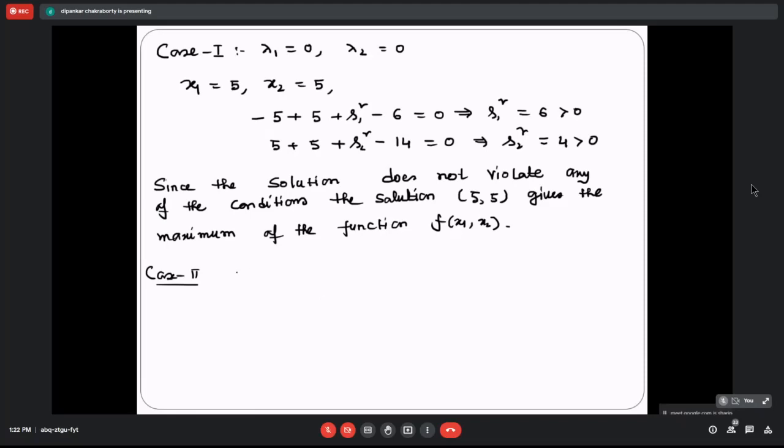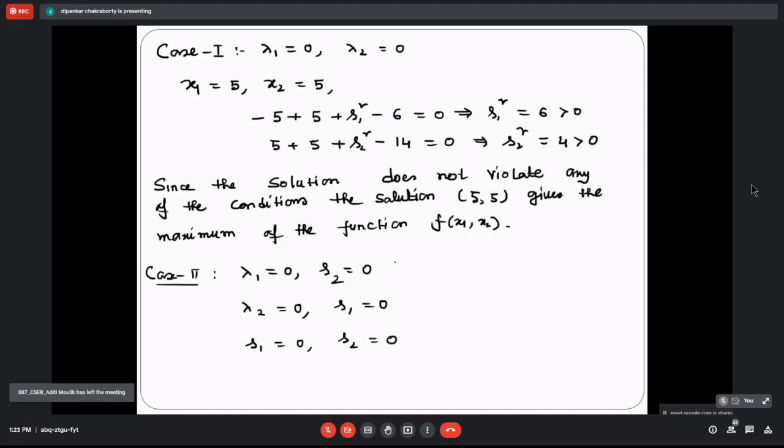So the other cases: you have to consider lambda 1 equal to 0, S2 equal to 0. Sorry, not S1. Similarly, lambda 2 equal to 0, S1 equal to 0. And the last case, S1 equal to 0, S2 equal to 0. You have to consider all 4 cases.